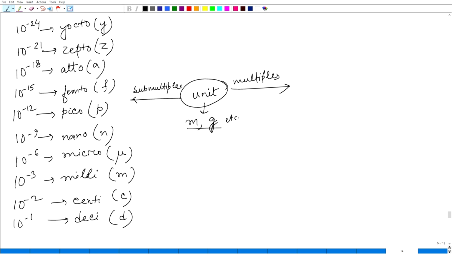Okay. That is the units that are higher than this basic unit.